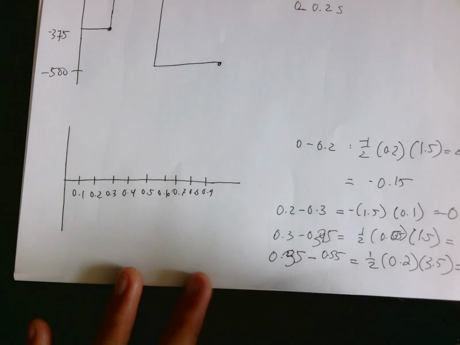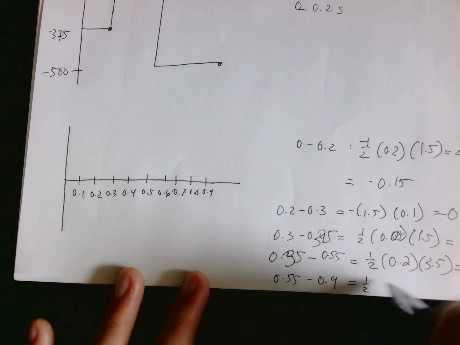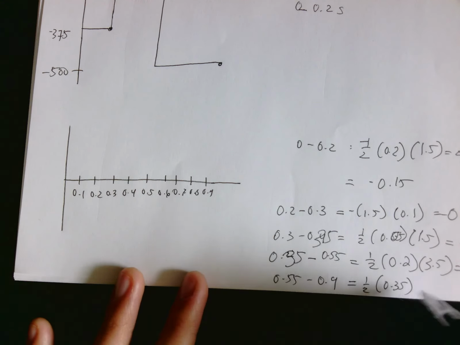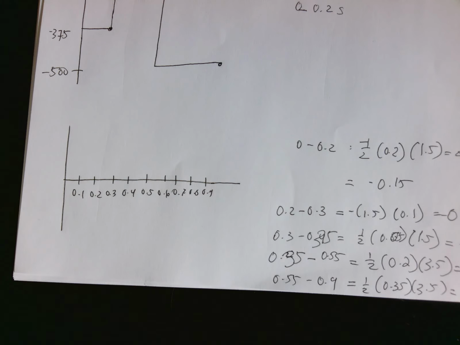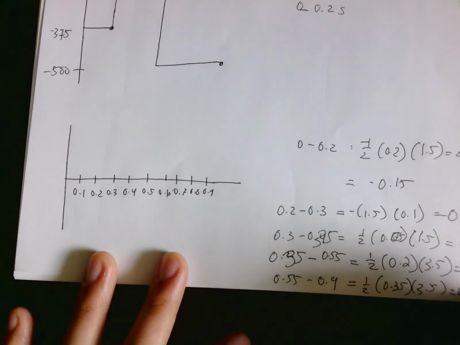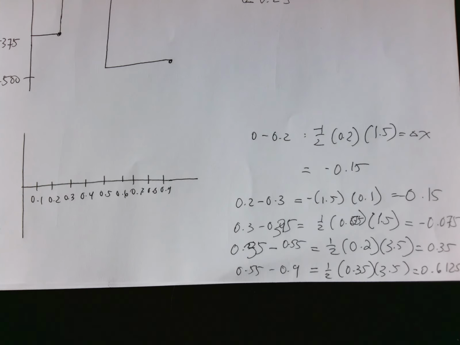And then from 0.55 to 0.9, it's equal to 1/2 times 0.35 times 3.5, which is equal to 0.6125. So those are the delta x's, and then we plot them on the graph to obtain the x versus time graph.